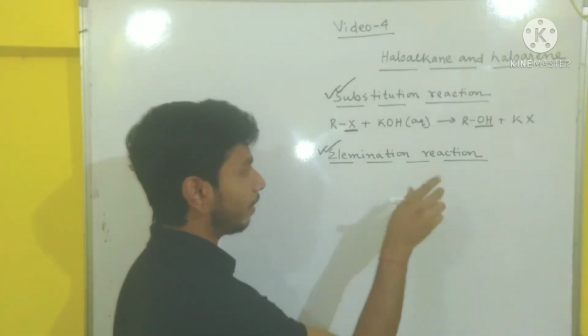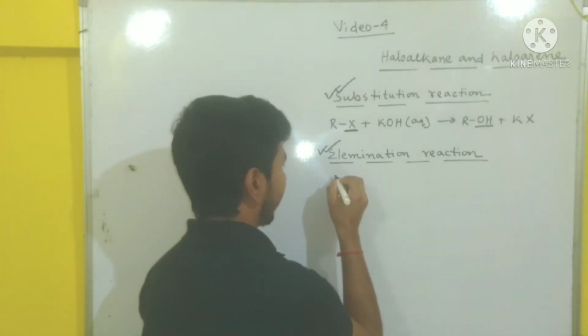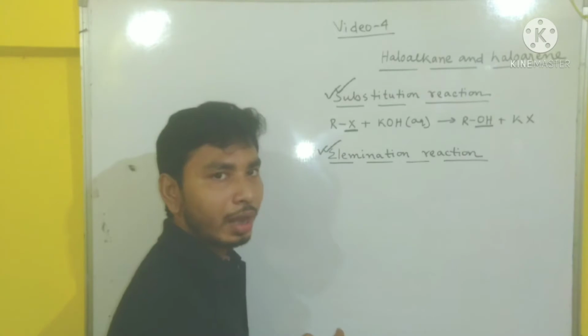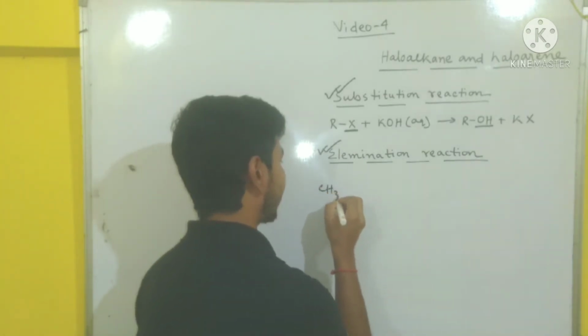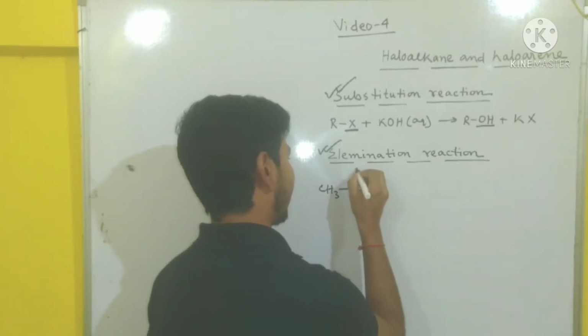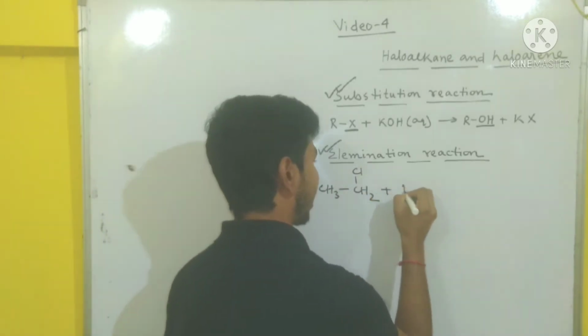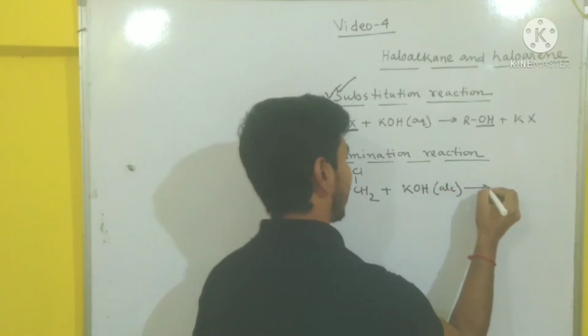Now in elimination reactions, the reaction is done with alcoholic KOH. Suppose CH3 CH2 Cl plus KOH, alcoholic KOH.